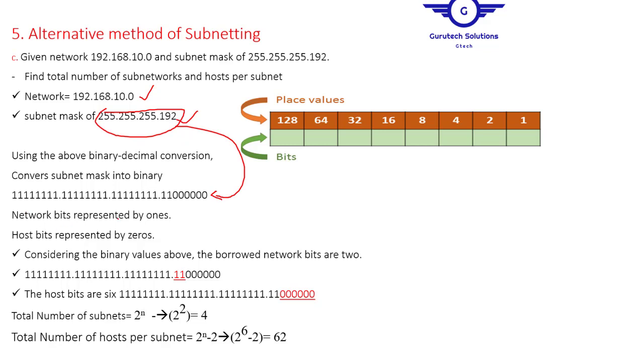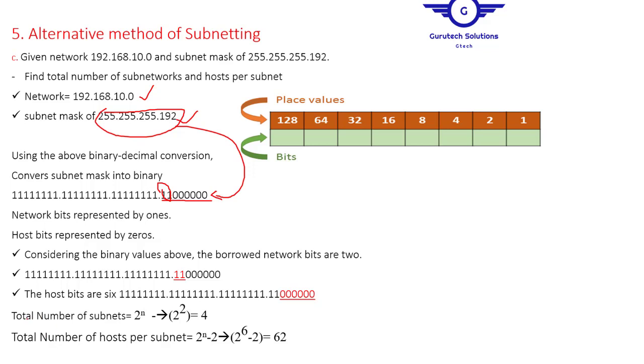Network bits are represented by ones, host bits are represented by 0s. So considering the binary values above, the borrowed network bits are 2. For a normal class C address, all of this should be 0, but because we have 1 1 here, the two 1s are borrowed.